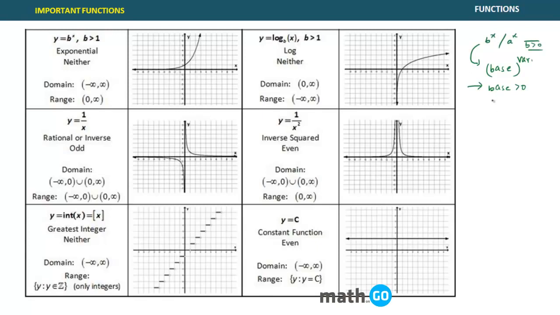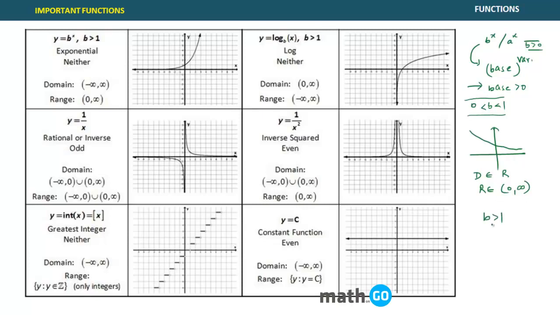Now we have two cases. If the base is greater than 0 but less than 1, this is case 1. The diagram for this particular case will be something like this. This is the shape of the exponential, where it will take only positive values. The domain will be all real values, but the range of the function will only take 0 to infinity, positive values.